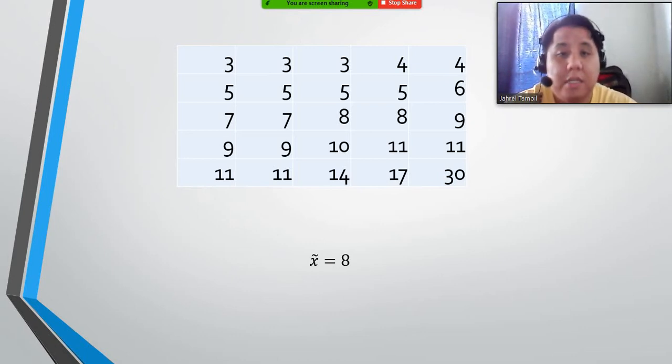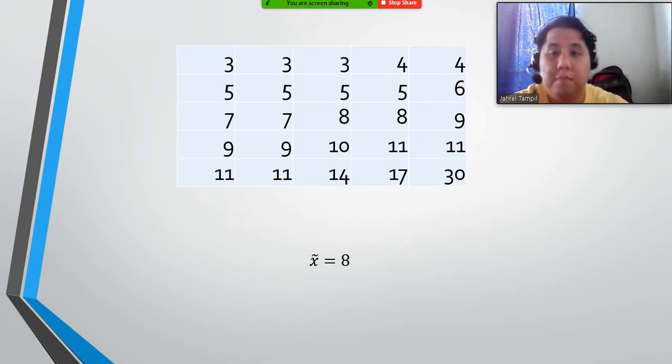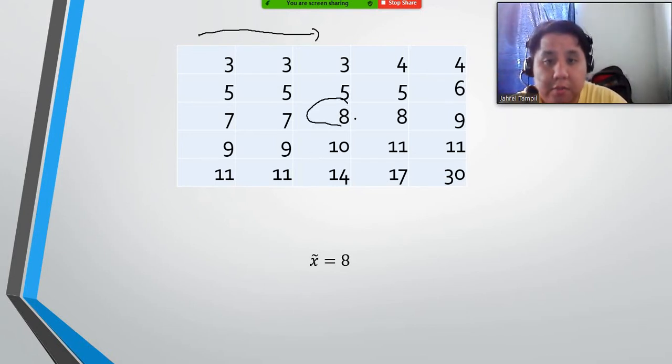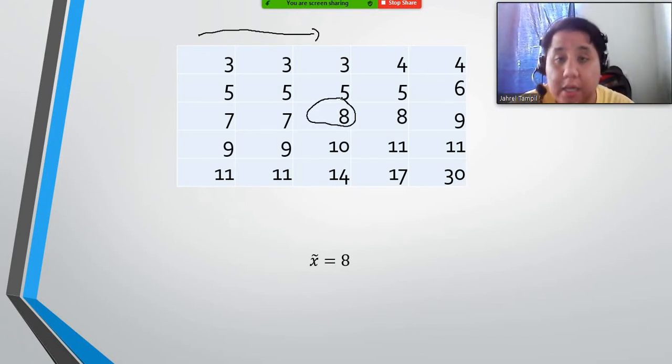Let's talk about one characteristic of the median. Here is our dataset. And as we can see, if we look at it from the top left corner, going that way, you can see that it's actually arranged from highest to lowest. And here, it's easy to pick out that our median is 8.